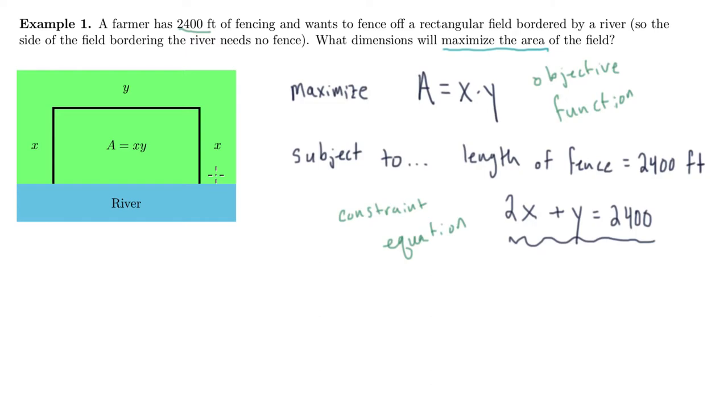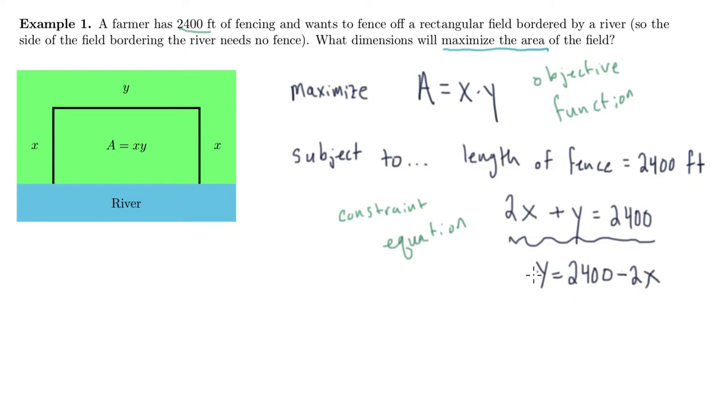Now remember that step 4 is the crucial step. It's converting this more or less abstract optimization problem that we have set up nicely into a purely calculus problem. And what we want to do is apply the constraint to the objective function to get a function of one variable with a specified domain. Okay, so notice that here I can write this as y is equal to 2,400 minus 2x.